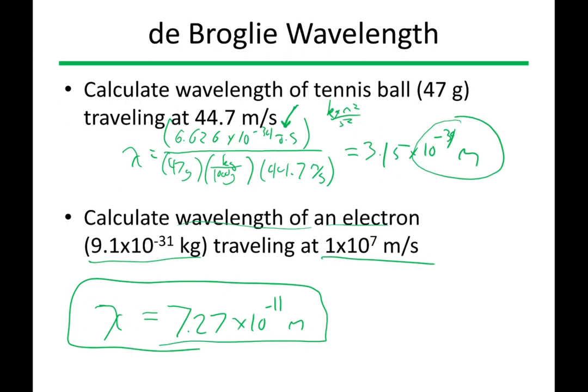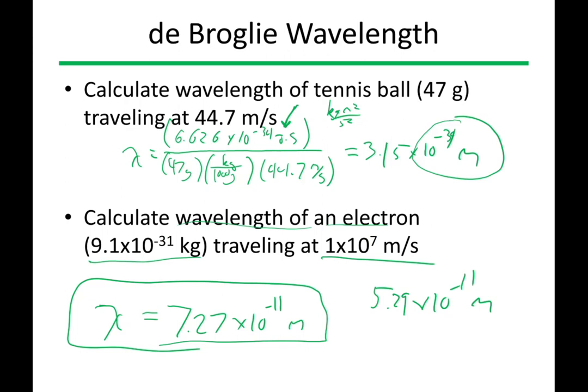If we compare this to the radius of a hydrogen atom, you can see a hydrogen atom is about 5.29 times 10 to the negative 11th meters. And so this is something that we could actually experiment and test and observe.